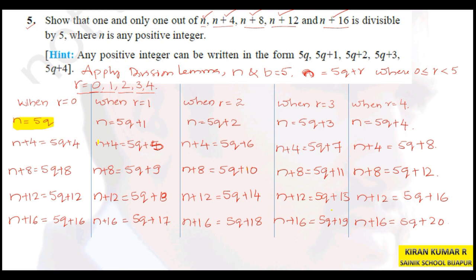When remainder is 1, this particular thing is divisible by 5. The reason is we can take 5 common here. It becomes 5 times of q plus 1.